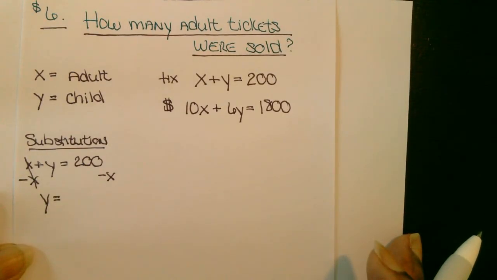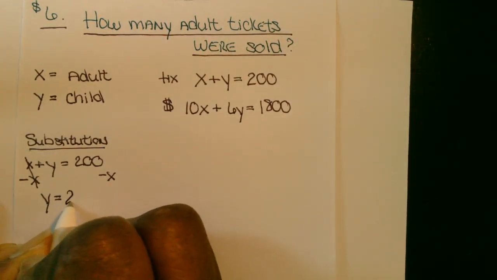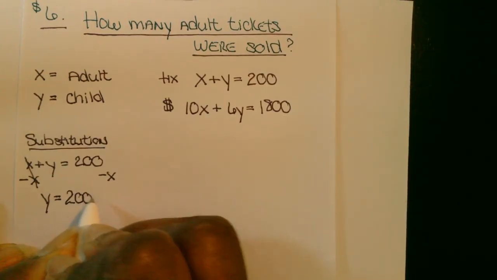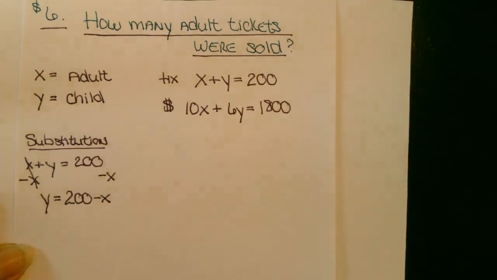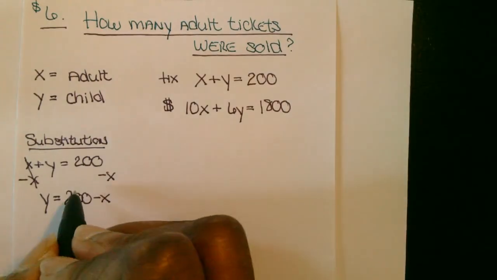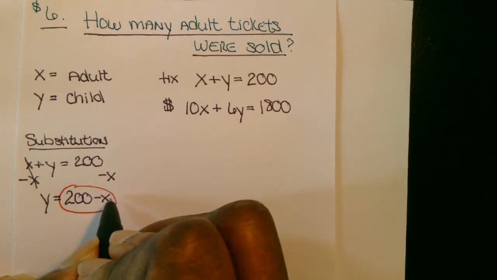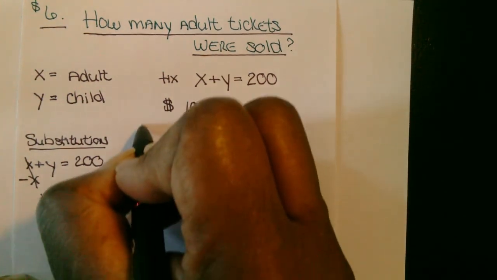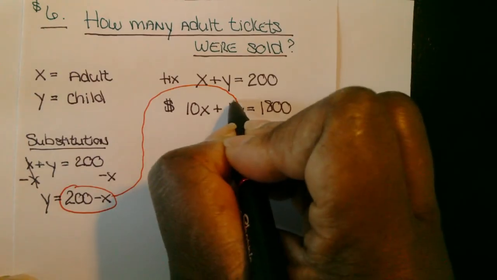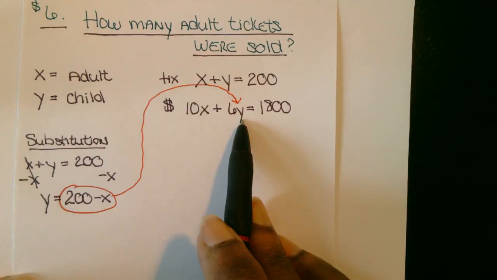Okay? All right. So now we have 200 minus x. What we're going to do now is take this information right here and substitute it, follow the line, for the y in that second equation.